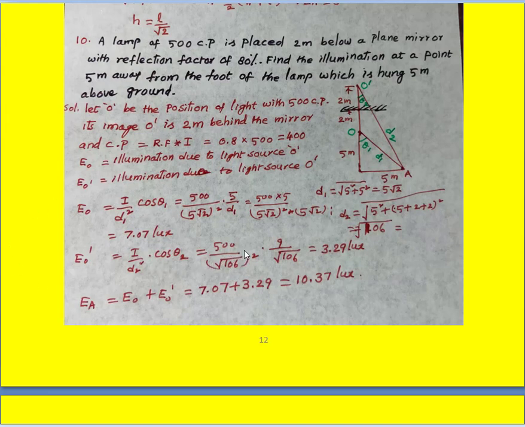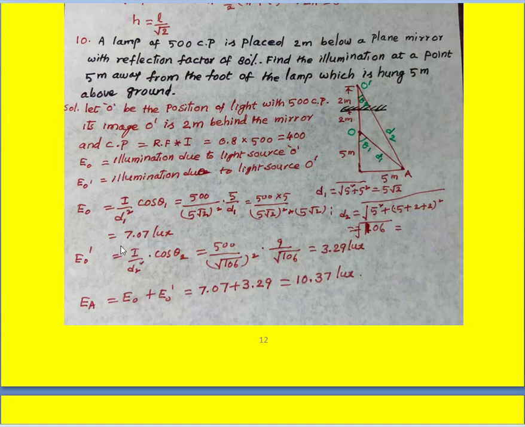I is given as 500 cp divided by d1, that is (5 root 2) whole square, into cos theta 1. The adjacent side is 5, divided by d1, which is 5 root 2. So we write 500 into 5 divided by (5 root 2) whole square into 5 root 2. When we simplify it, we get 7.07 lux.